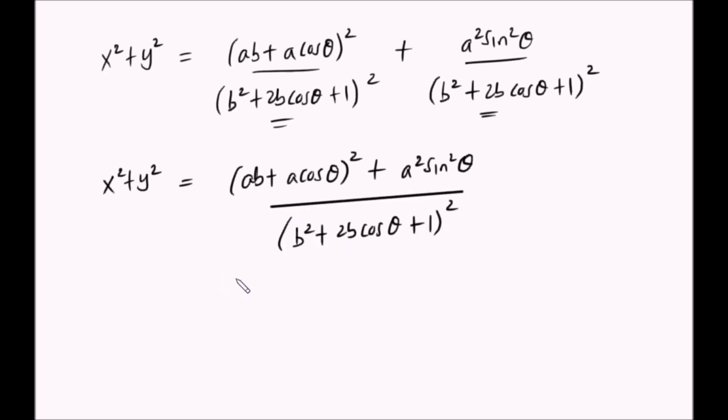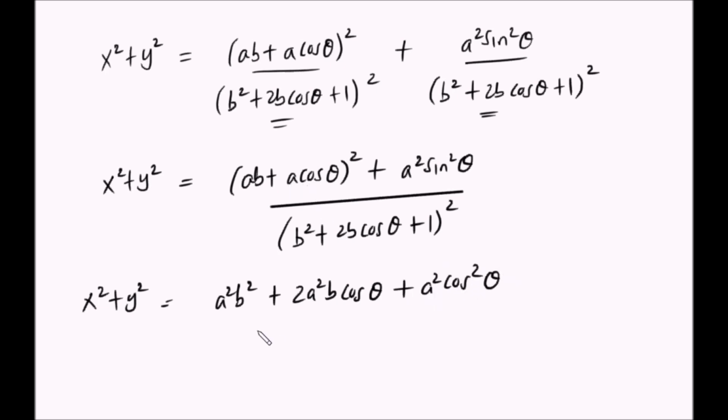Okay, so to simplify, in the numerator of x squared plus y squared, here we will have a squared b squared plus 2a squared b cos theta plus a squared cos squared theta. So when you expand this you get this. Now let us not forget the last one, which is a squared sin square theta. So all of this over b squared plus 2b cos theta plus 1 squared.